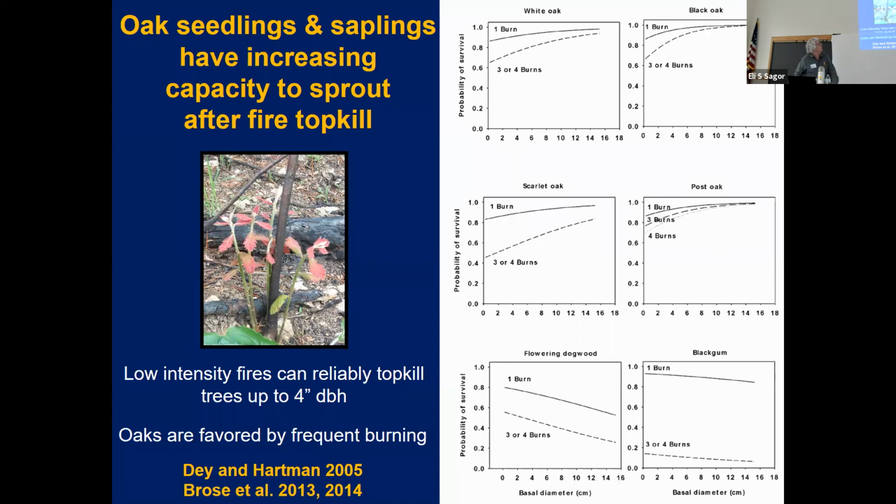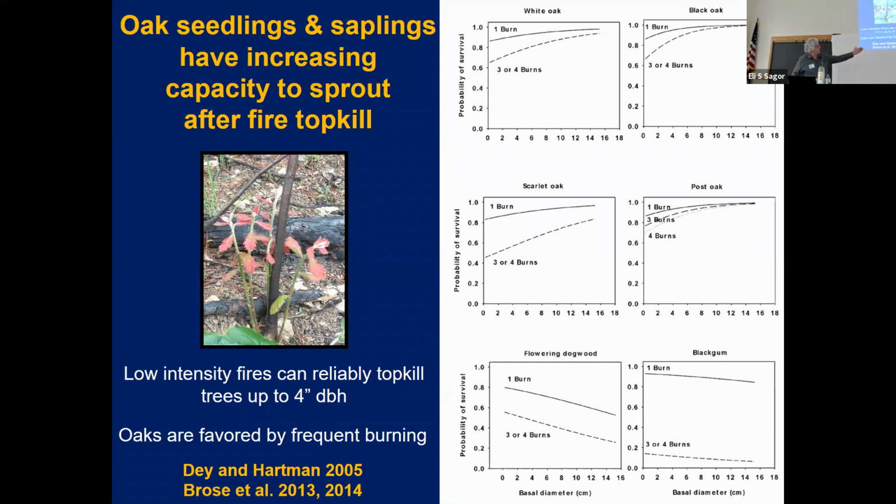So even for small diameter oak seedlings, there's a fairly high survival rate after one fire. You see some difference even among the oaks after repeated fires. Scarlet oak is less able to survive repeated fires, and small scarlet oaks are especially vulnerable, with only about 40% survival after 3 or 4 burns in 10 years.